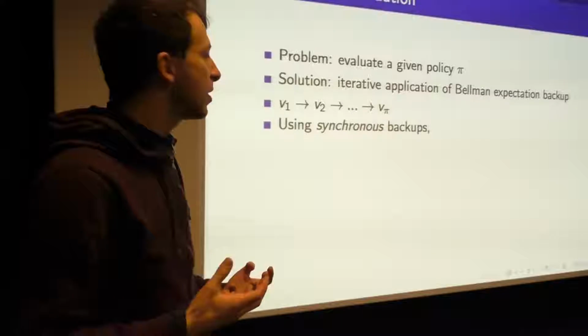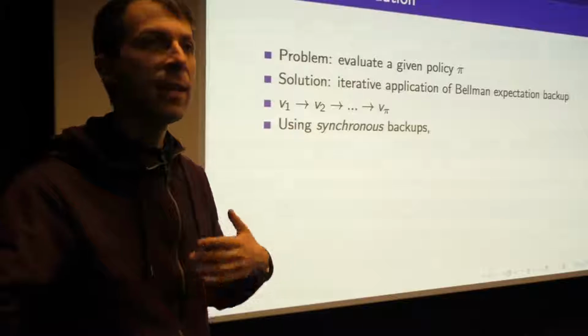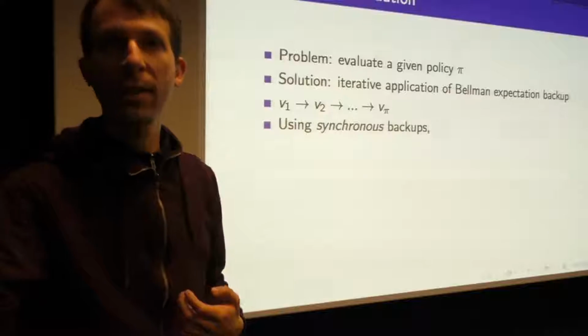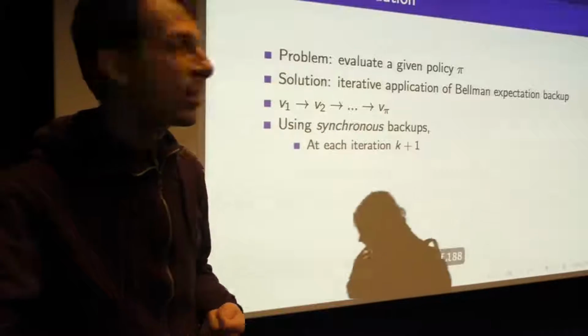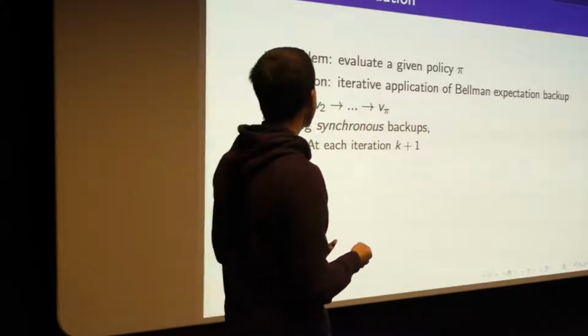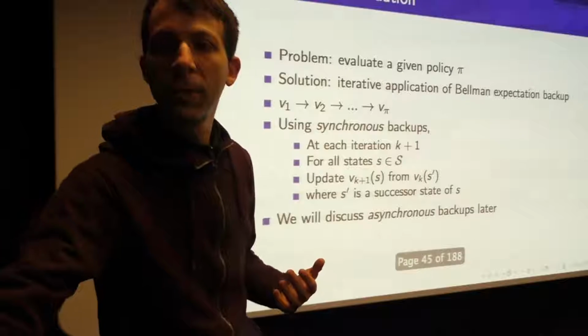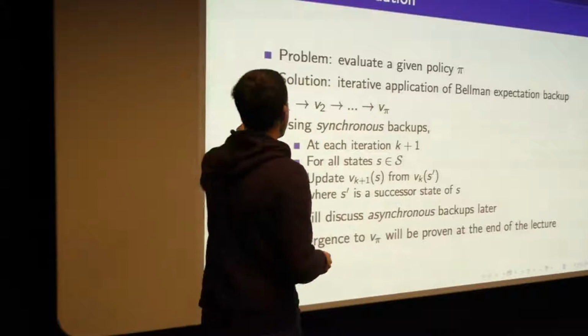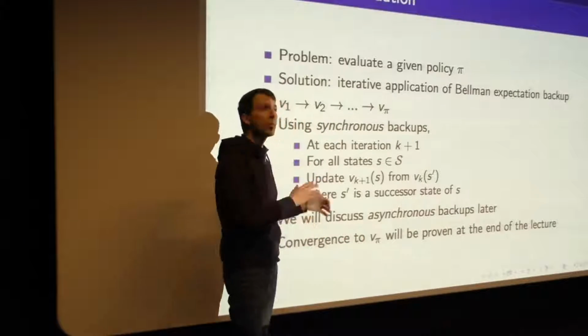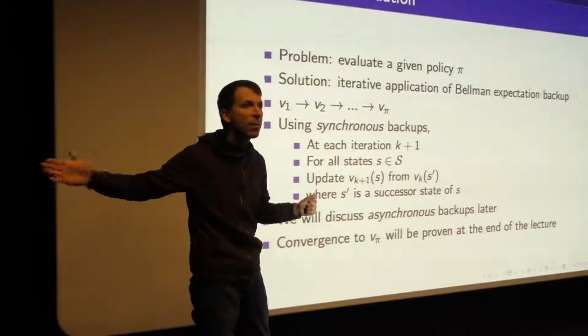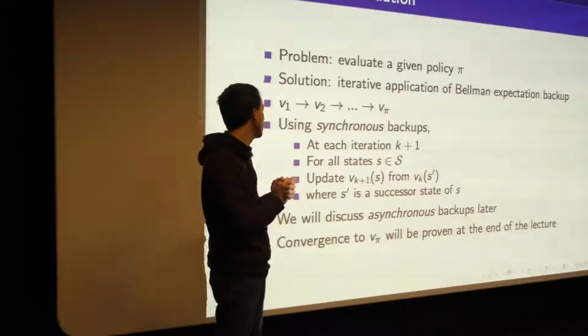The way we're going to do this is using what we call synchronous backups. We'll see the alternative later on when we get to later slides. So what do we mean by synchronous backups? What we mean is that for every iteration, we're going to consider all states in our MDP. We're going to sweep over all states in one iteration.